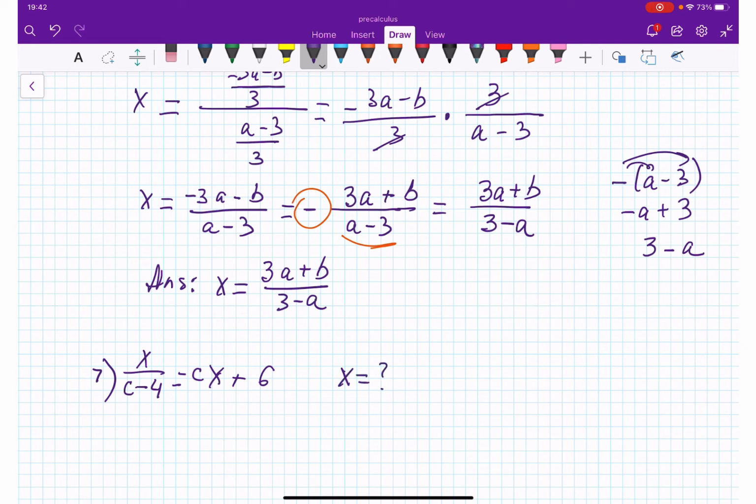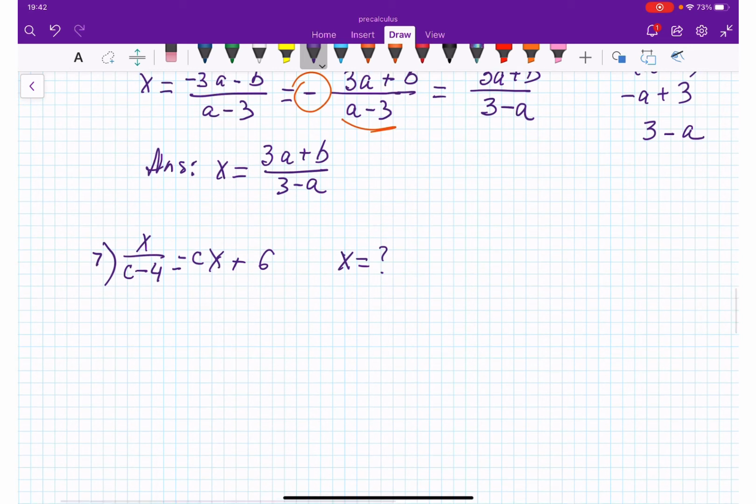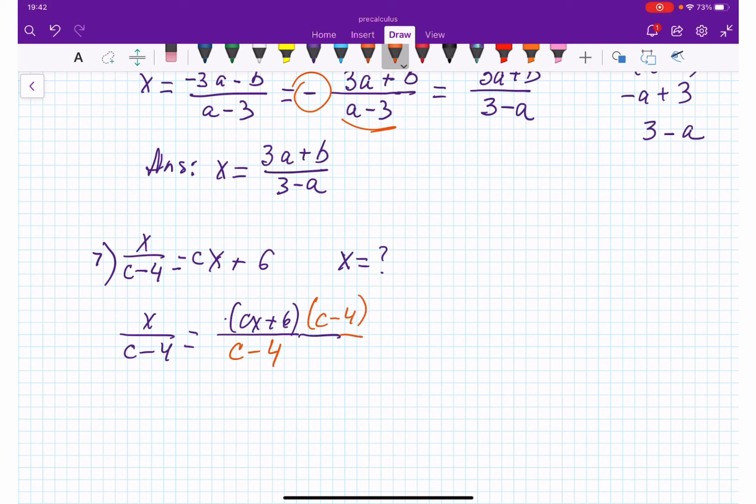All right. Well, since I have c minus 4 as my denominator, all I am going to do is bring to a common denominator. So x over c minus 4 is equal to, here it's going to be c minus 4, and in the numerator cx plus 6 times c minus 4, right?